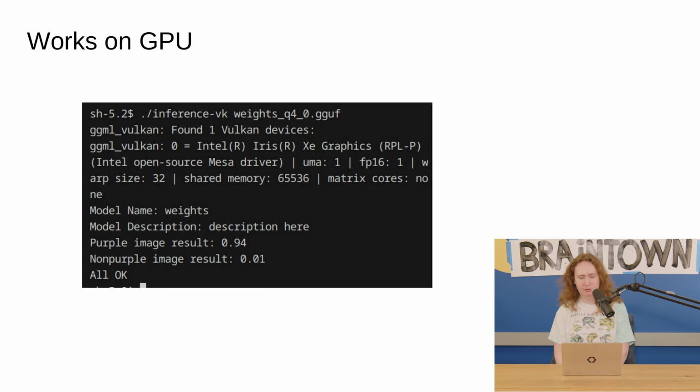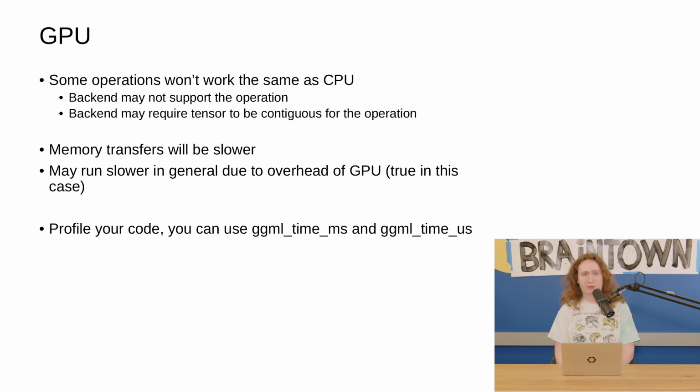It runs on GPU. One thing to know is that it won't always give you a speedup. There's overhead when it comes to running models, and obviously this one is very small, so you won't really be seeing much speedup from doing this. Of course, your memory transfers will be slower, so whenever you're calling backend tensor get or set, you'll be waiting longer.